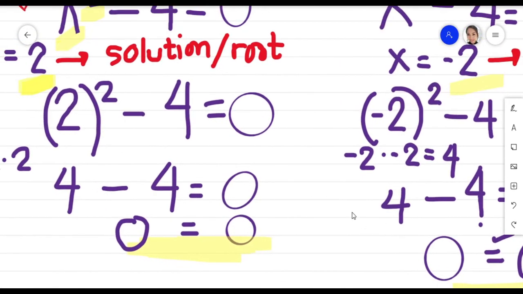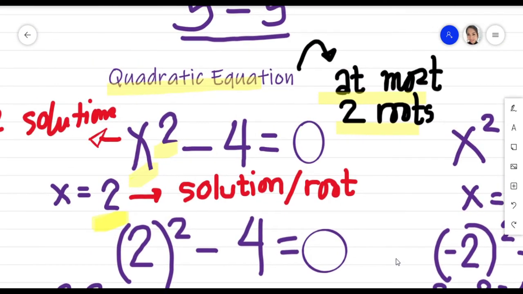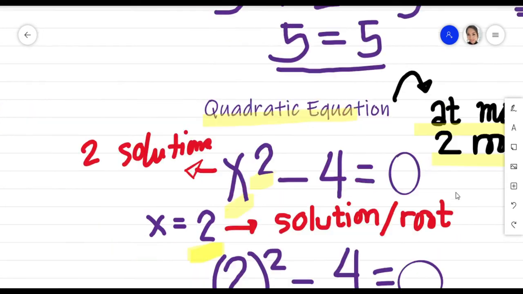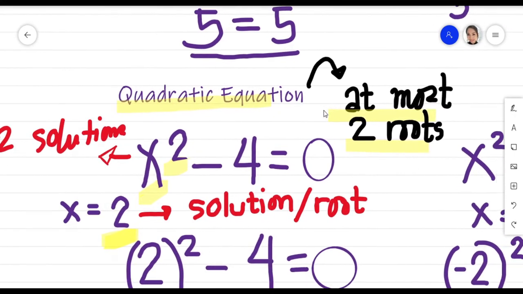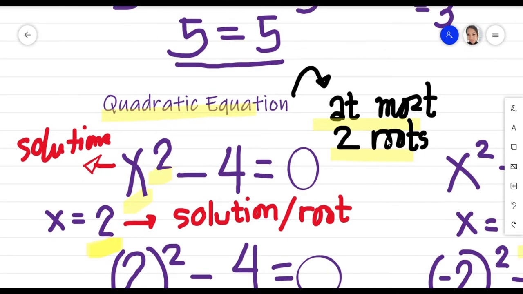And this equation here, x squared minus 4 equals 0, has two solutions. So that's what I meant by the quadratic equation to have at most two roots or solutions.